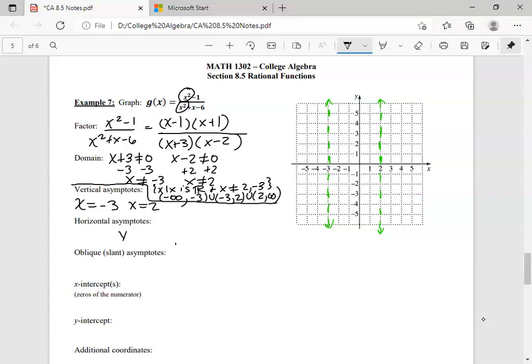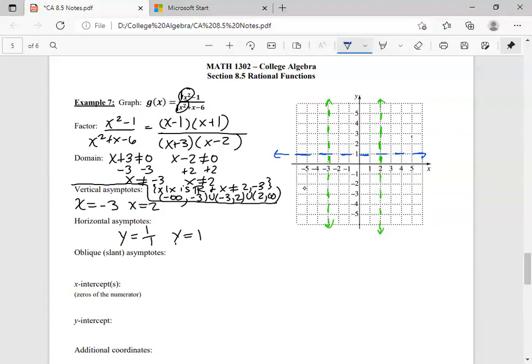So that means y equals, my coefficients are 1s in front of these, so it would be 1 over 1. So I do have a horizontal asymptote at 1. And we already kind of looked at the graph and said, yeah, there is something that's kind of making that have a division there.